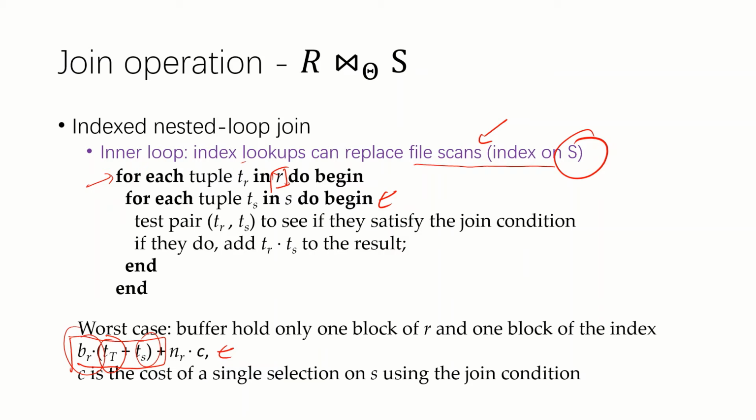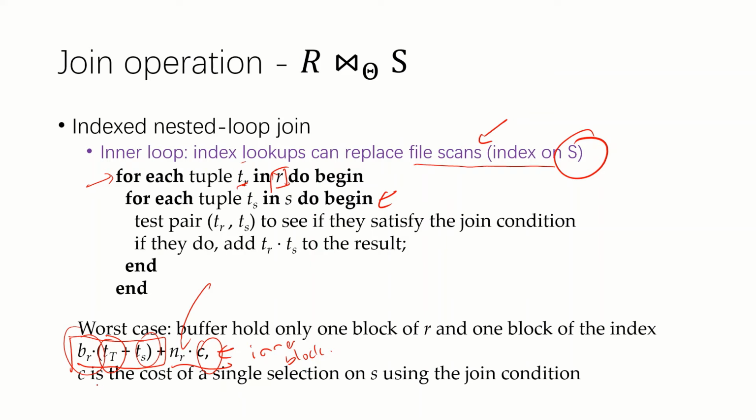So this is basically this part. For the other term, this term is on the inner block. What it actually means is that for every single tuple of my outer block, I need to do a disk access, and this is the cost of the access of every tuple of S using my index.